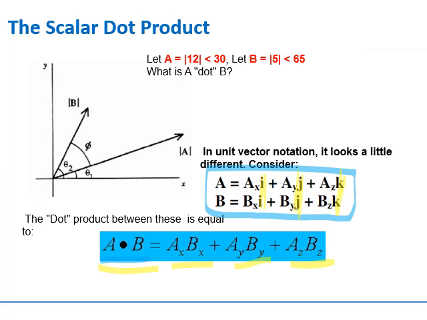And why is this so? Because when you do the dot product, i dot i gives you 1 and i dot j gives you 0. So that's why we are not multiplying the cross terms.